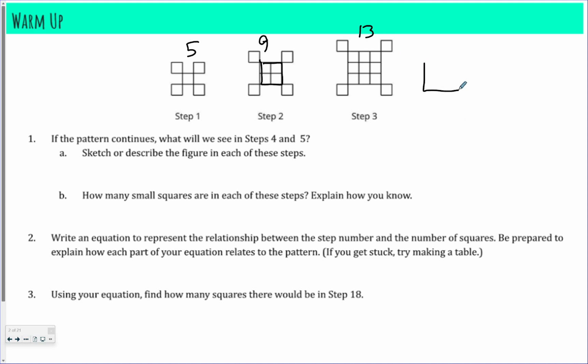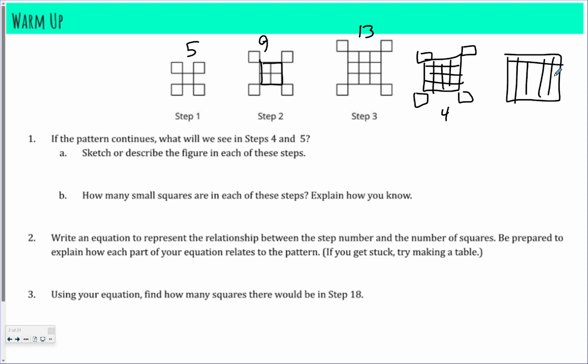Looks like we're going to get maybe a 4 by 4 with 4 corners, like this. That might be step 4. And then the next one looks like it's going to be a 5 by 5, an even bigger one, and we're going to have 4 corners here as well.